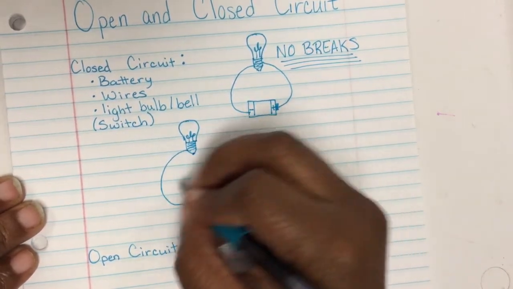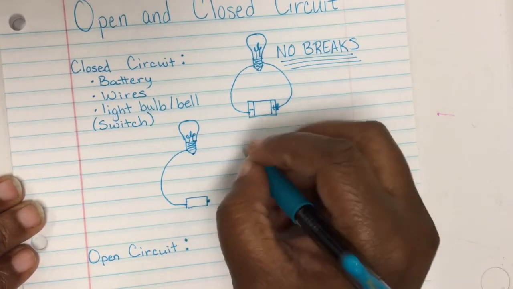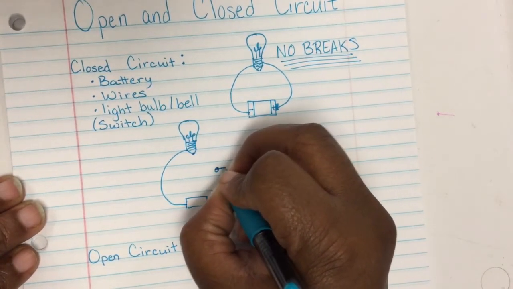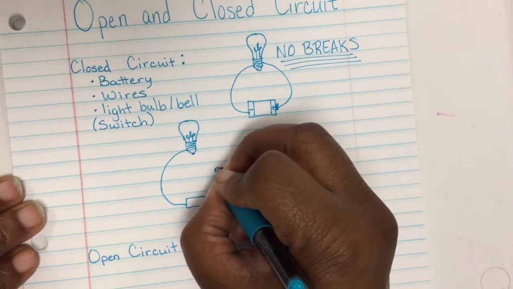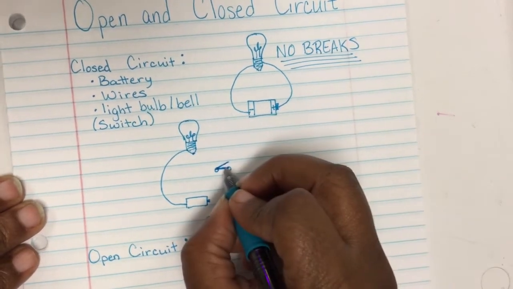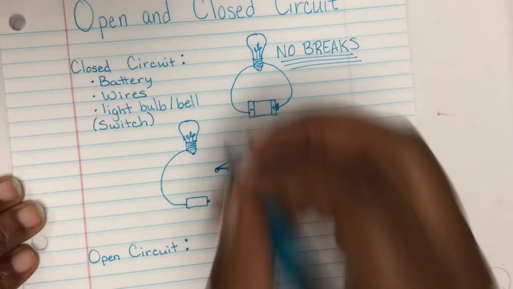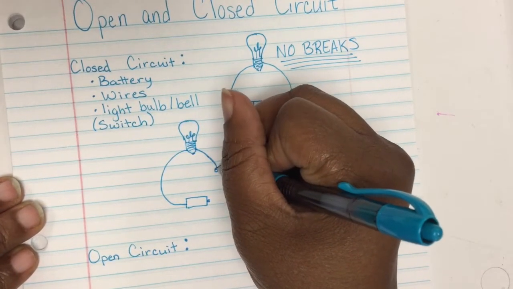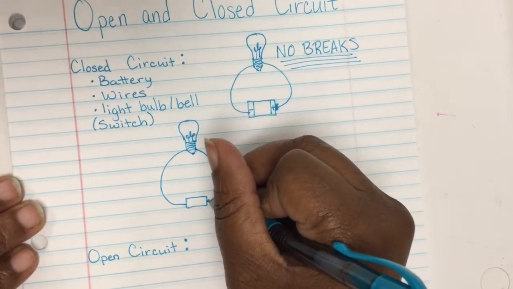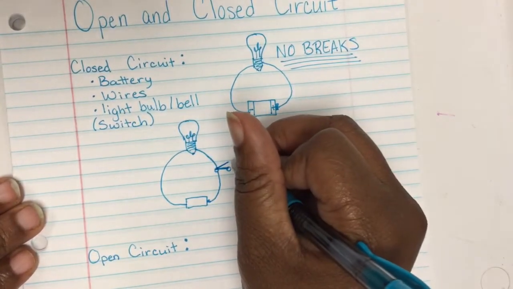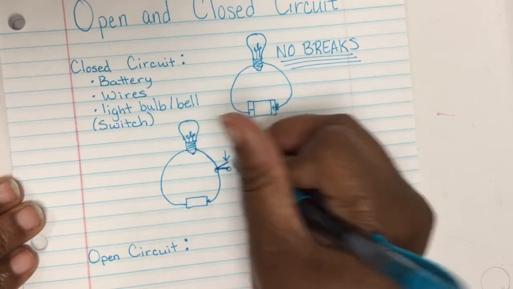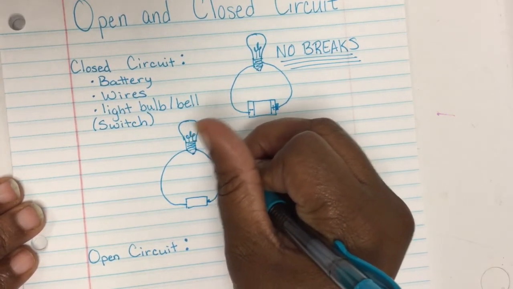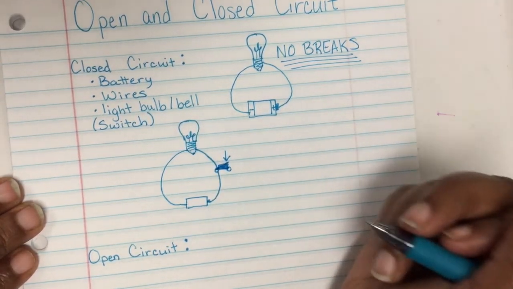In between one of these wires, you're going to have a switch. I'm doing my best to draw a switch. That switch will connect to a wire on both ends and connect to your battery. So when this switch is down, so when this is all completely closed and there's no gap in between, you have a closed circuit.